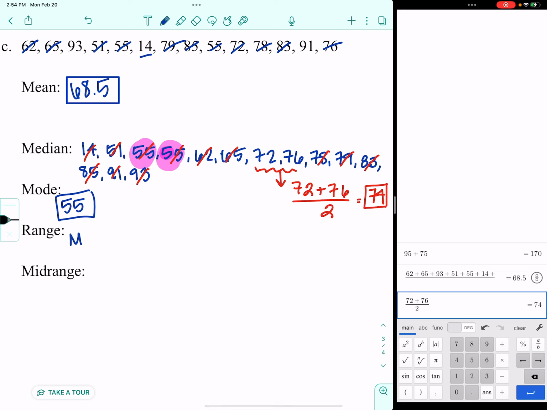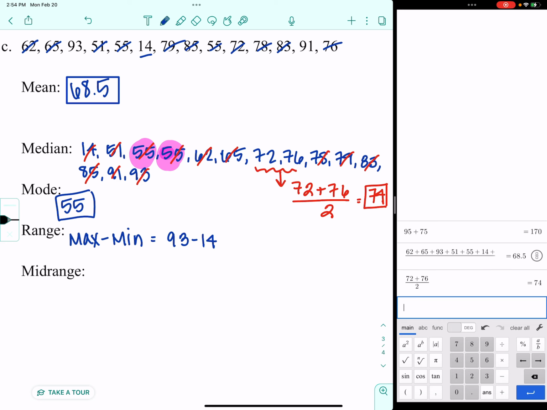Range is the max minus the min. That's 93 minus 14. So my range is 79. Mid-range.